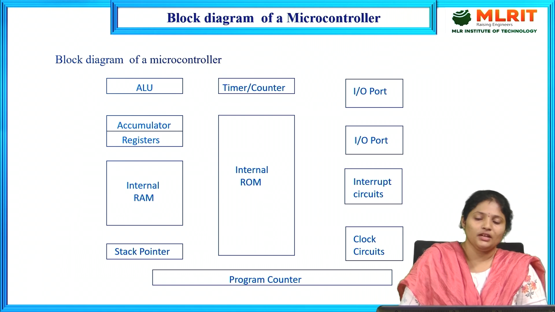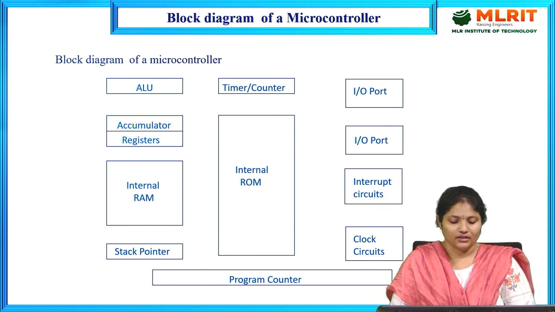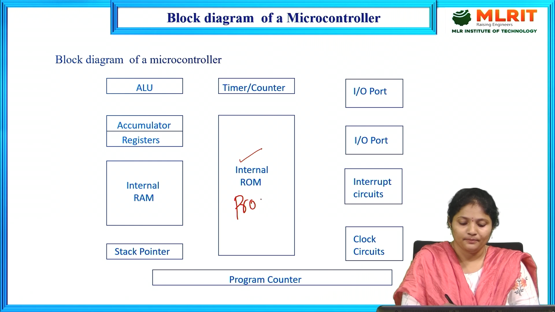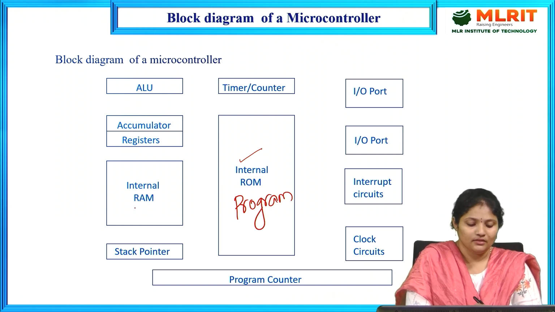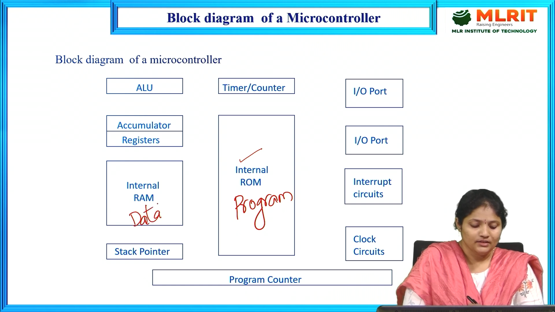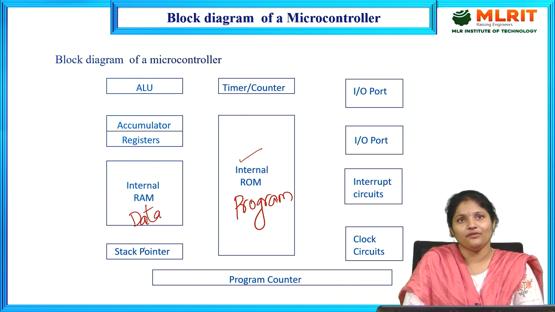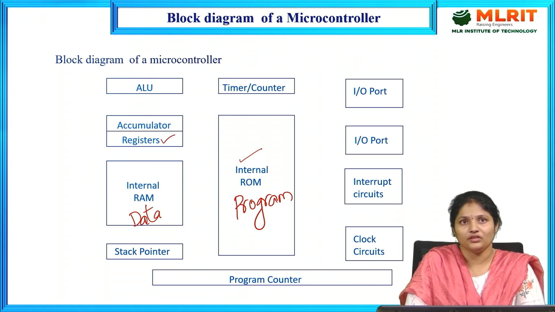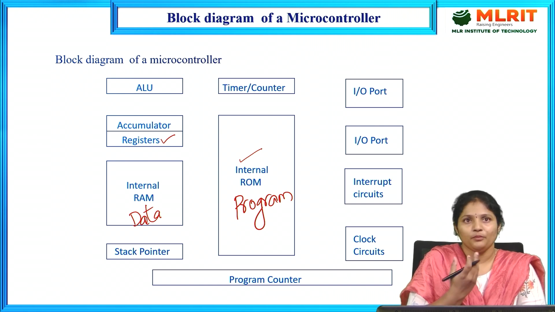Coming to the block diagram of a microcontroller: the internal ROM, read-only memory, stores the program, and the internal RAM, random access memory, stores the data. The stack pointer holds the address of the stack. The registers are used for manipulation, to store the data and to process the data.